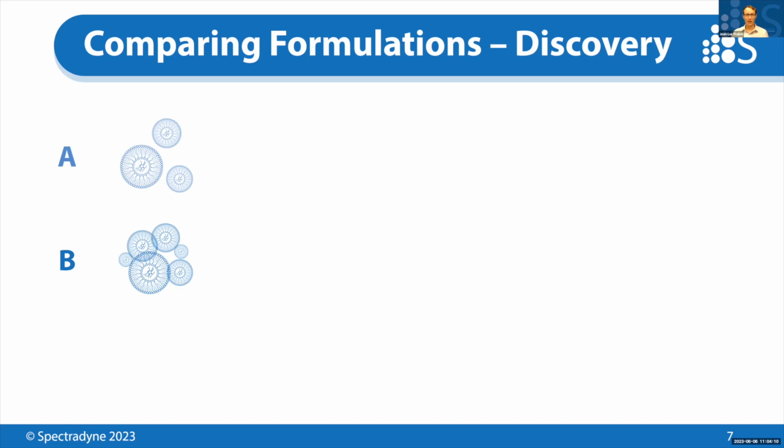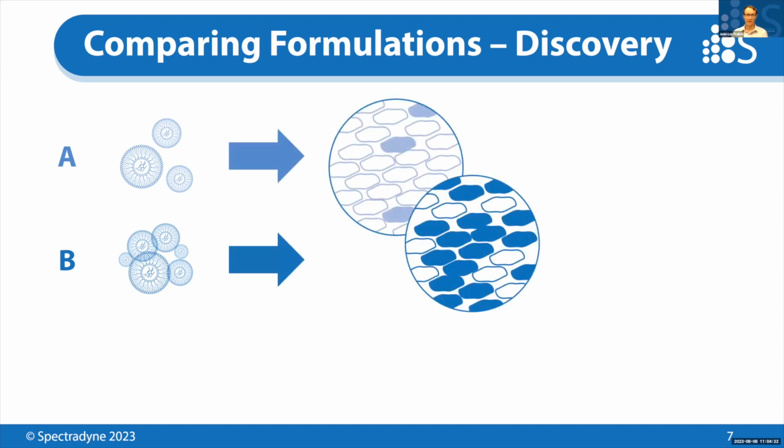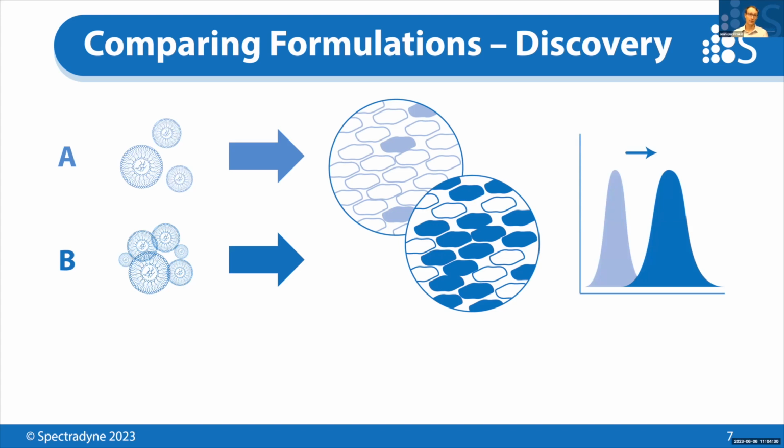Imagine we're scientists trying to compare two formulations that are nanoparticle based. We've got formulations A and B, and typically the way you evaluate these is you put them on a test system. Maybe it's cell culture media, or maybe it's a live animal model, and we try to measure the effect of these two formulations and compare them, right?